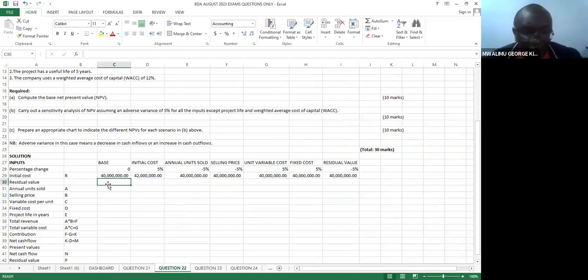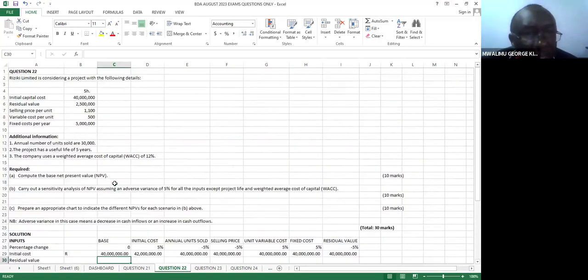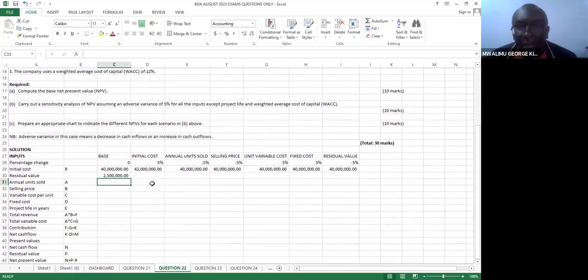So we come to the residual value. Residual value, we are told by the question here, it is 2.5. So you say equals this one. You enter. And then it is only going to change here. So let's copy this one straight up to here. Oh, okay. I needed to have put this one as, it's not changing, F4.